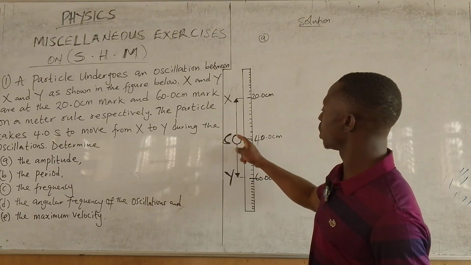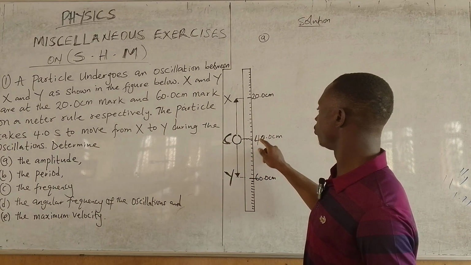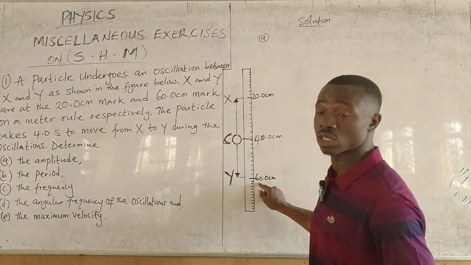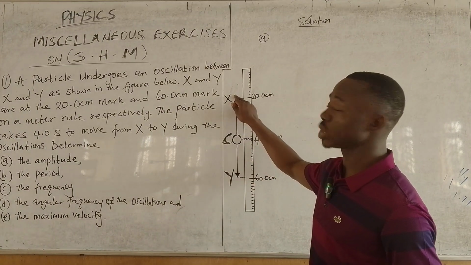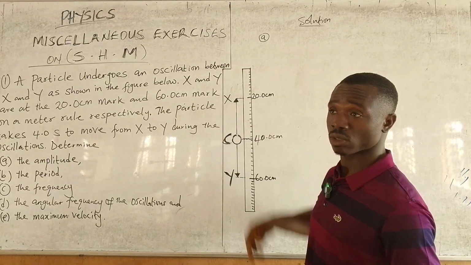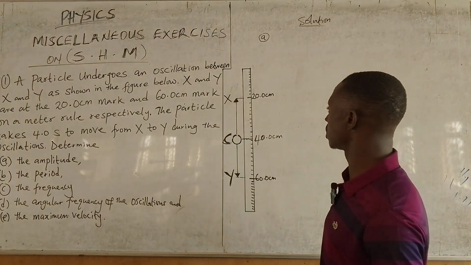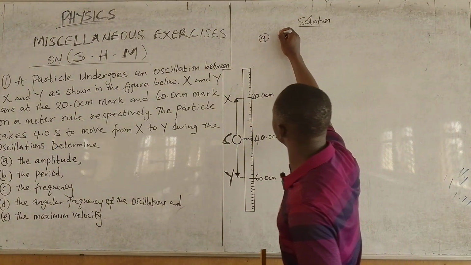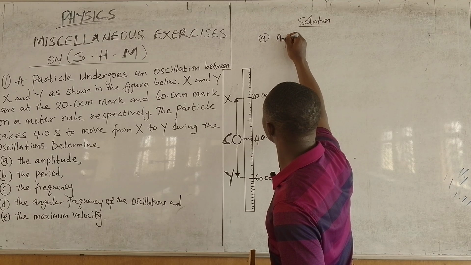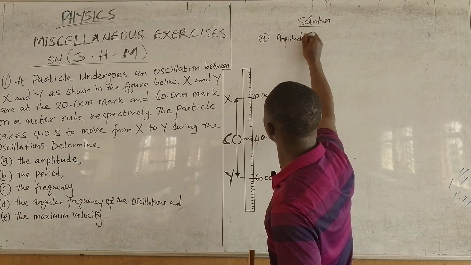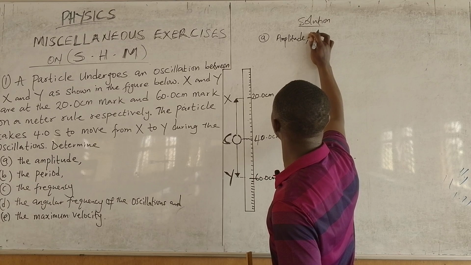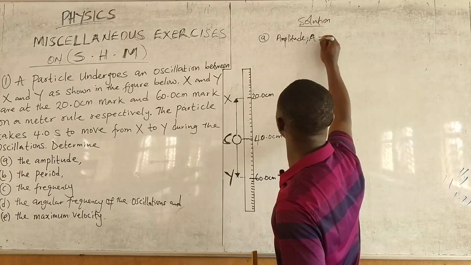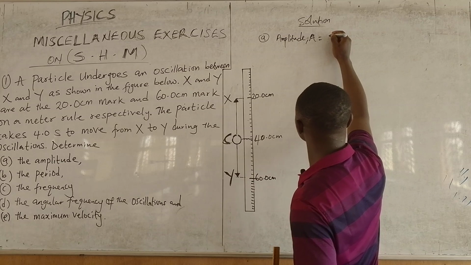So what do you think CY is? From 40 to 60, that is what? 20 centimeter. And then also from 40 to 20, that is also 20 centimeter. That is good. So amplitude of oscillation, which is A, is what?